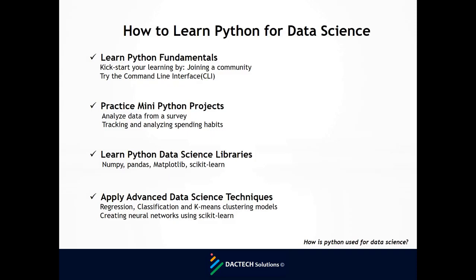Secondly, you can practice mini Python projects. You can just pick up data from a survey and analyze it. It could just be a survey of students, male, female, maybe their heights and their favorite food, and you just want to see if tall people like beans and short people love spaghetti, just for instance.